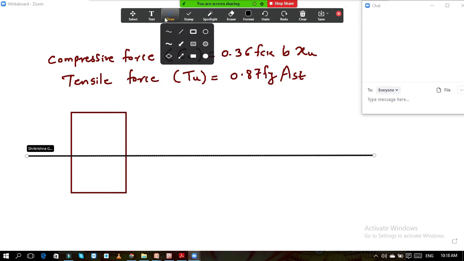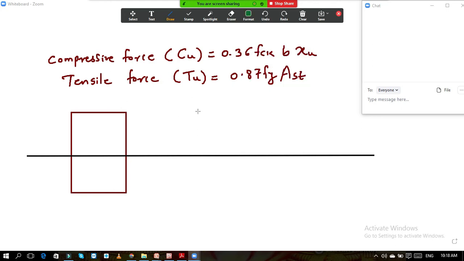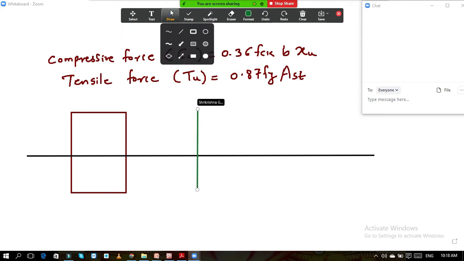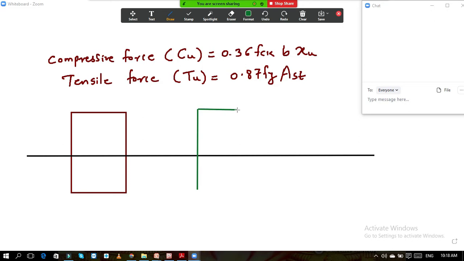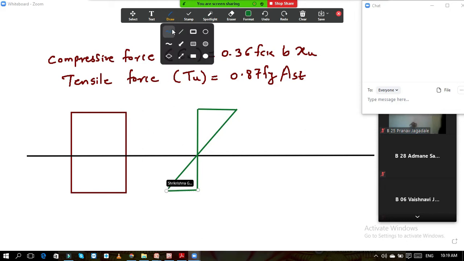This is the neutral axis. Then if we draw the strain diagram first, then the diagram will be symmetrical diagram. Okay, so this is the symmetrical diagram.